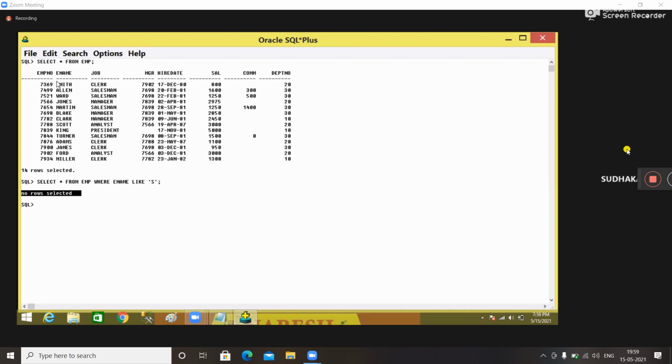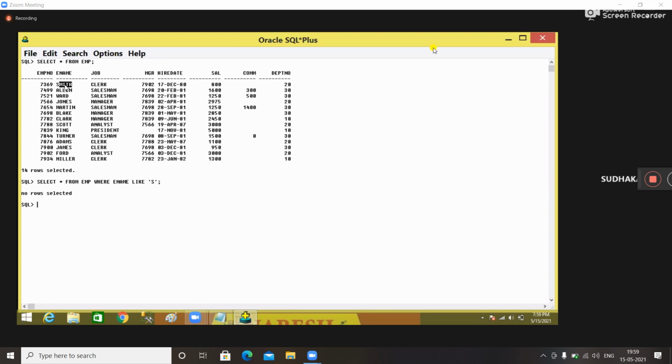But there are already employees whose name starts with the S character. Who are they? Scott and Smith. But it shows no rows selected. Why, sir? Because here you gave only S, but in my string expression, along with the S character, some other characters also exist. So the remaining group of characters I need to represent here.